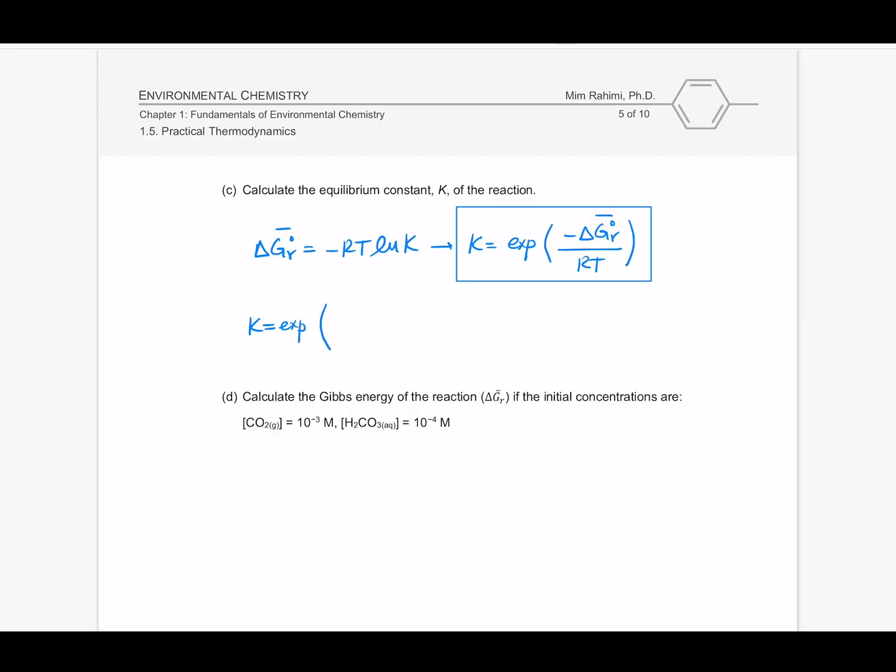K is the exponential of minus 8.4 or 8.46, whatever value you put here would be pretty similar, in kilojoule per mole, R is 8.314 times 10 to the minus 3 kilojoule per mole per Kelvin, times 298 Kelvin. Then this would give us 0.034.